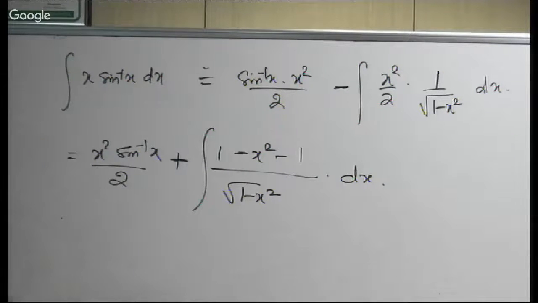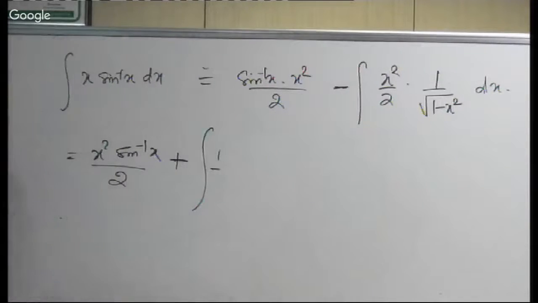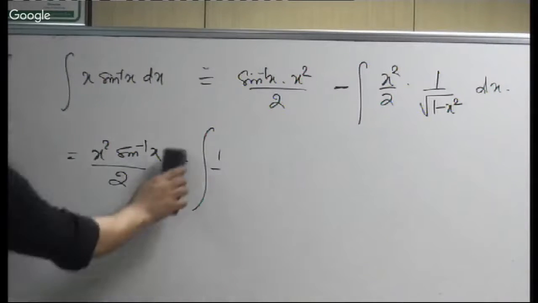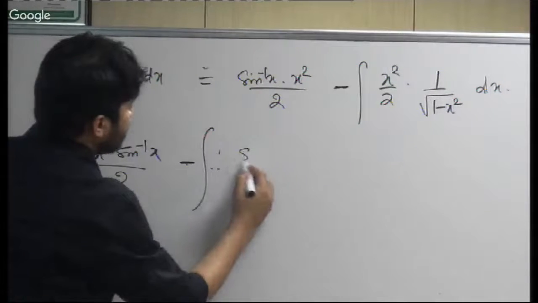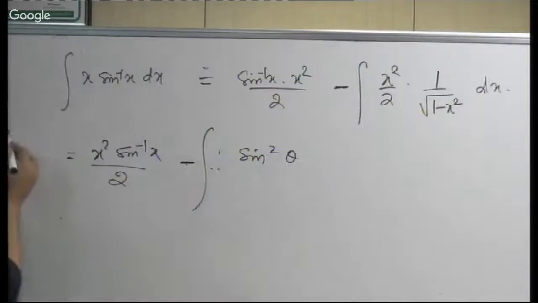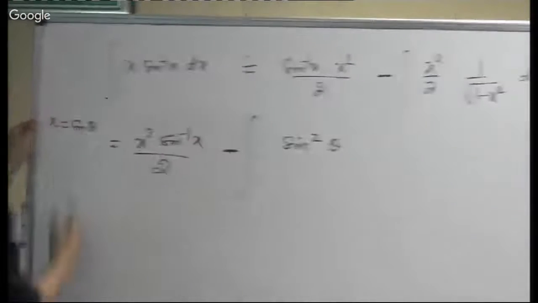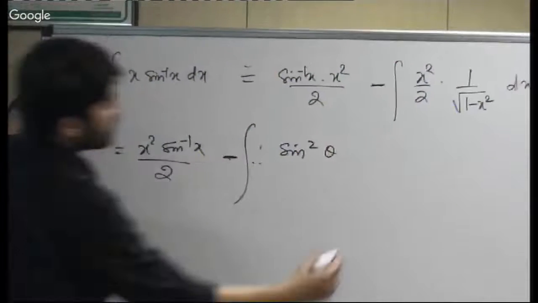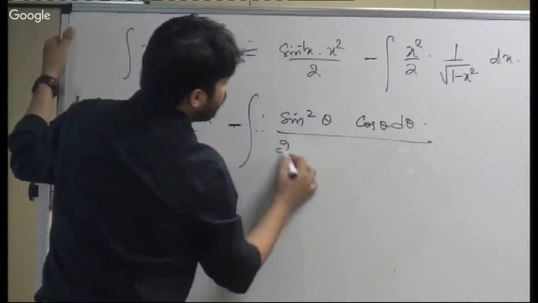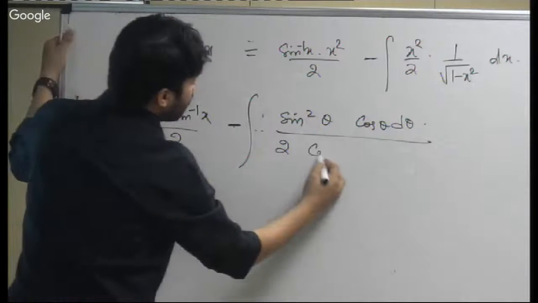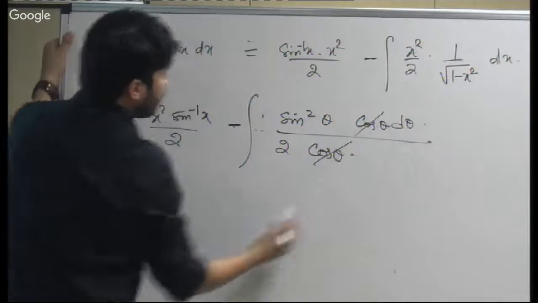I can directly apply the substitution. How to apply the substitution? I'm going to take x as sine theta. So I have taken x as sine theta. So my x square becomes sine square theta and dx becomes cos theta d theta upon 2 into cos theta. So this is gone.